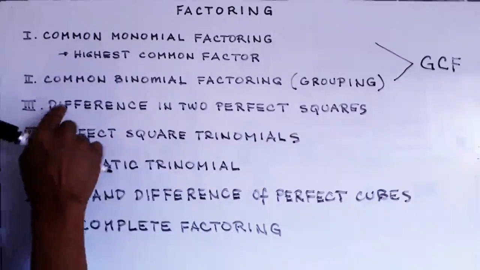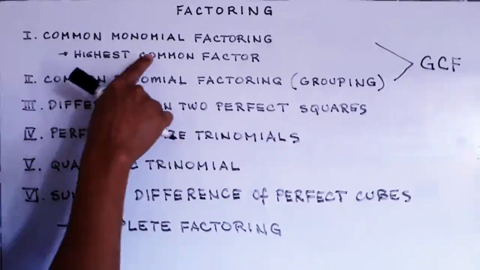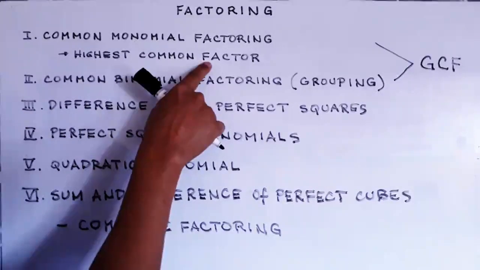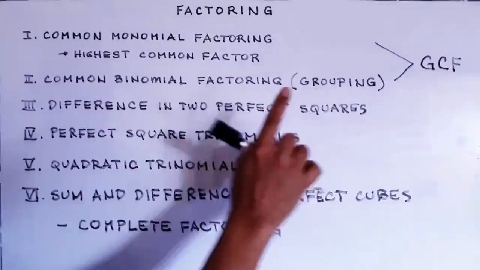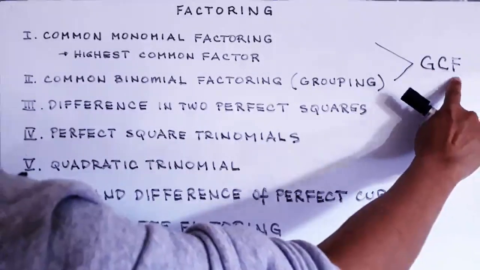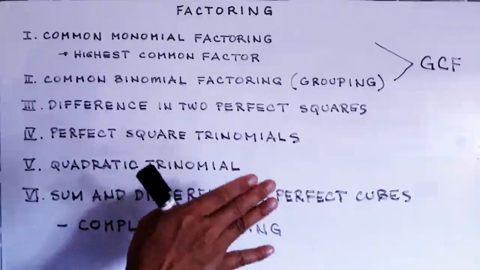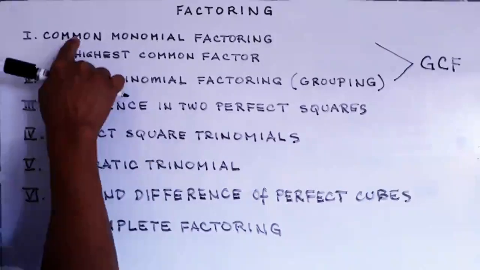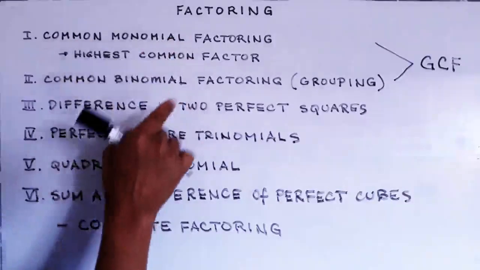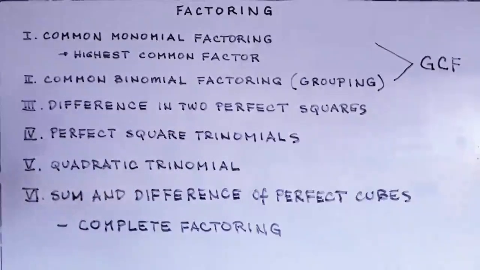So, I'm going to erase this one class and we are going to study this highest common factor, or sometimes we usually call this one greatest common factor. Now, how do we get the greatest common factor? We should study that one first before we proceed to the common monomial factoring or common binomial factoring.